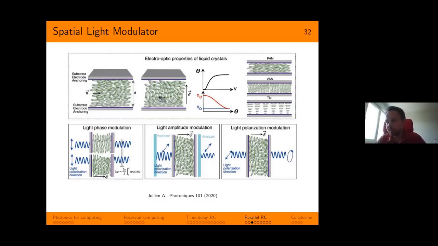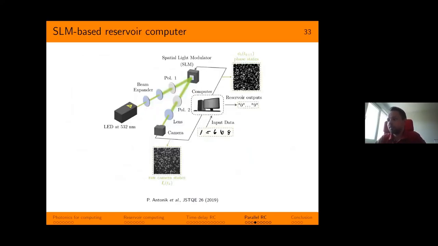So now that we know that, we can take a look at one of the first, and it was the second to be precise, implementations of parallel reservoir computing in free space. So here the setup consists of an optical arm on the left and the digital arm on the right. We'll start with the optics. We have here a light source. It's again an LED, which is green.